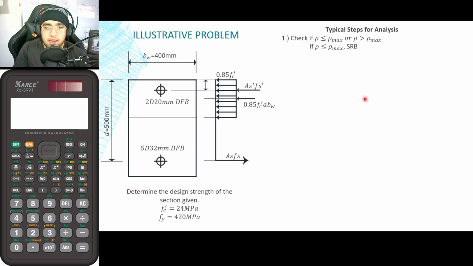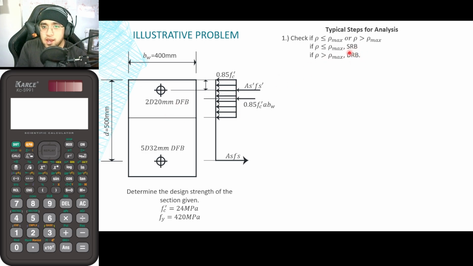You can analyze it using DRB or SRB, but according to our code or the books, if rho is less than or equal to rho max, we can actually solve for it using SRB. The answer would be almost the same, with only a slight discrepancy. But in a situation wherein the steel ratio is greater than rho max, we have no choice but to analyze our section using DRB.